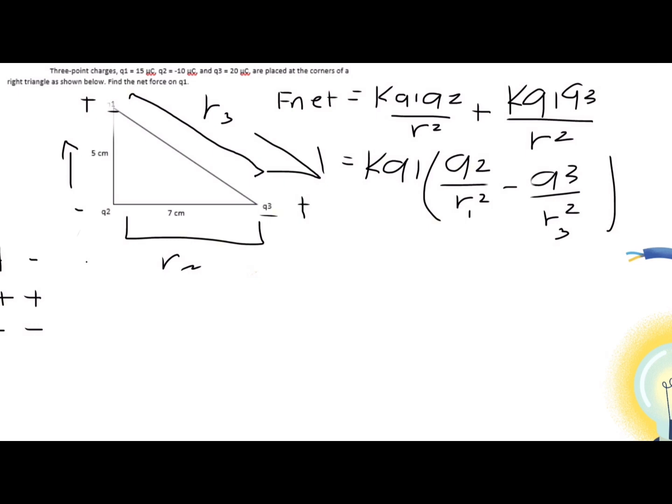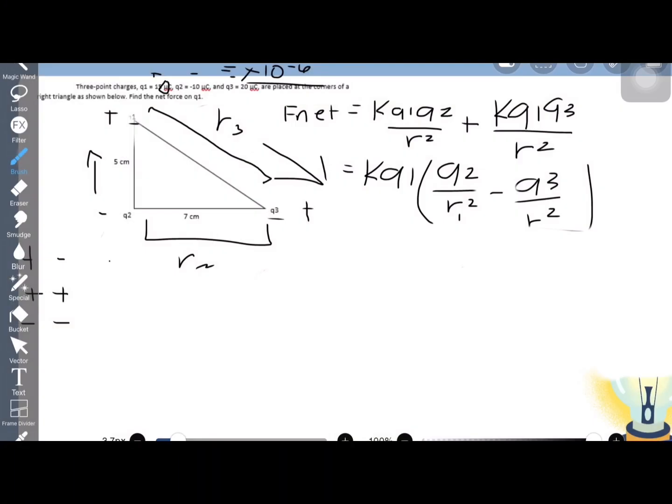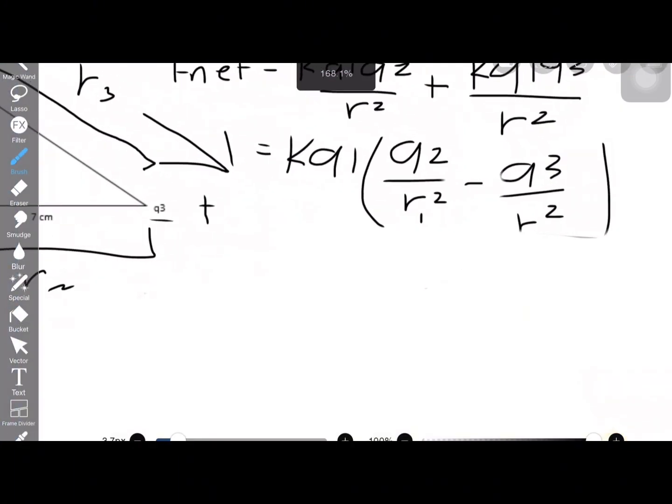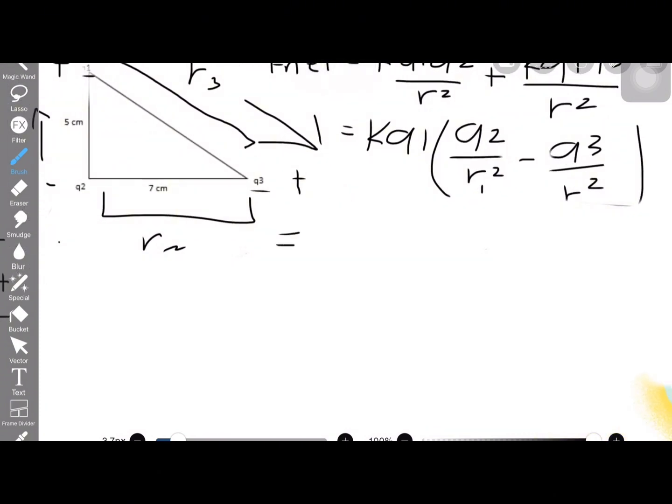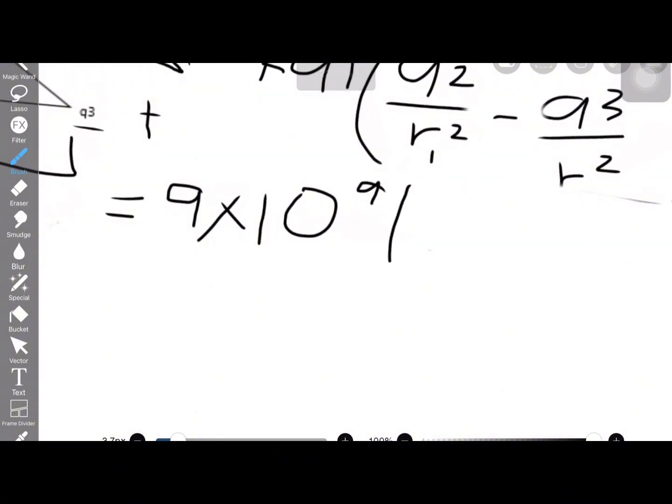So with this, we can just substitute. So with this, we can freely substitute our formula with what was given. So 9 times 10 raised to the 9th power. Then 15 times 10 to the negative 6th power.